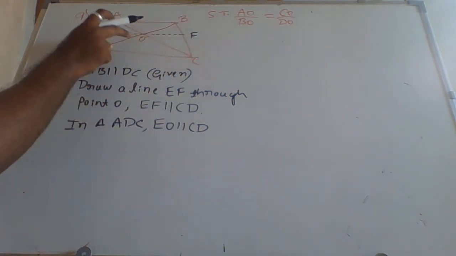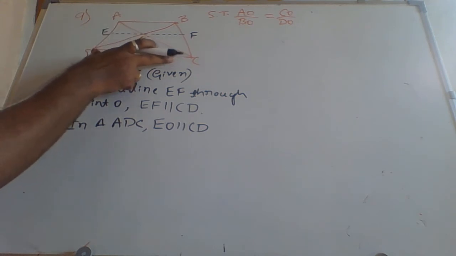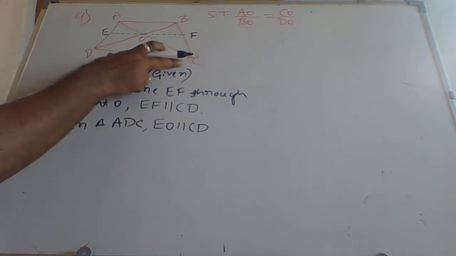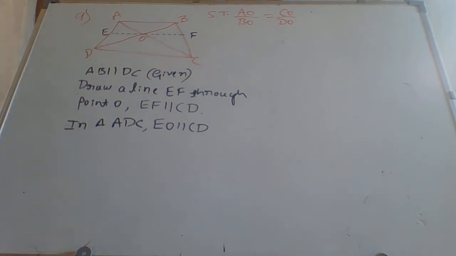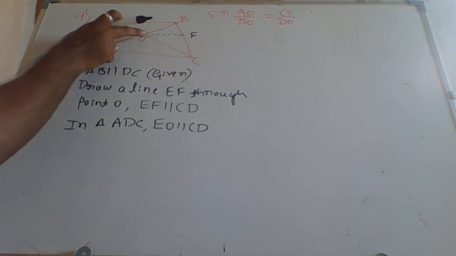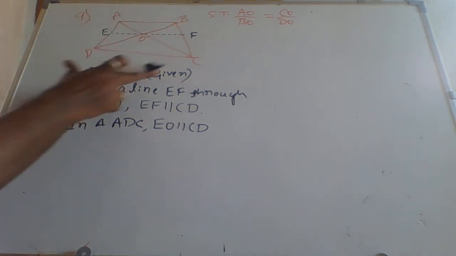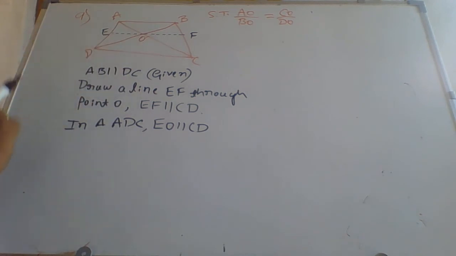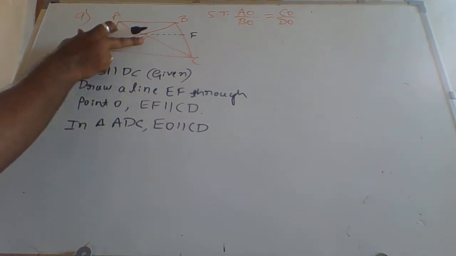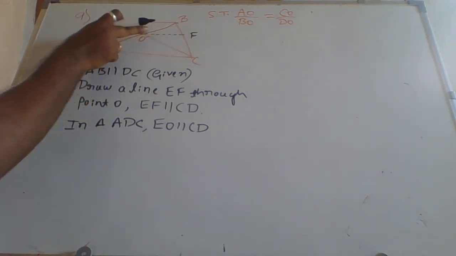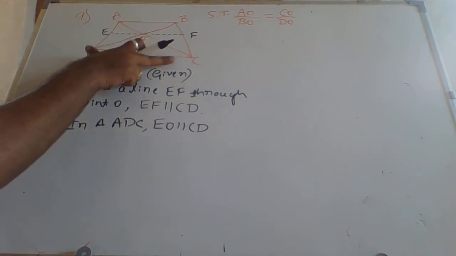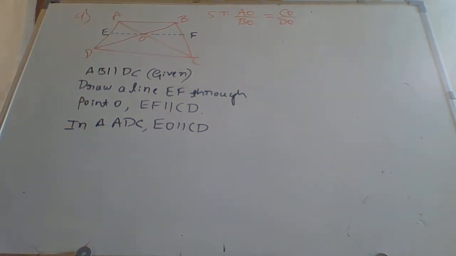This OE is also parallel to CD because OE is part of line EF which is parallel to CD. Then we can consider this part of the EF line, OE, as parallel to line CD.